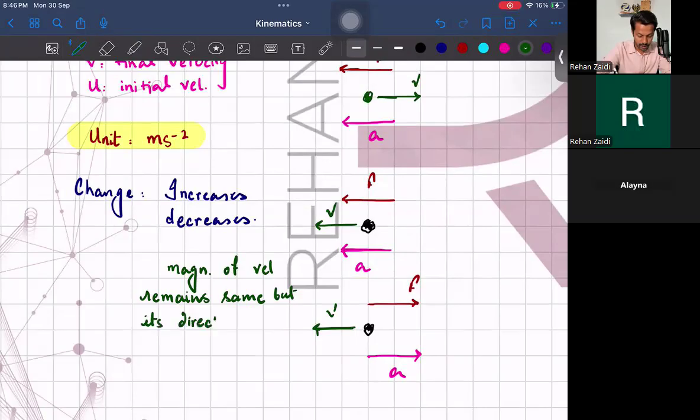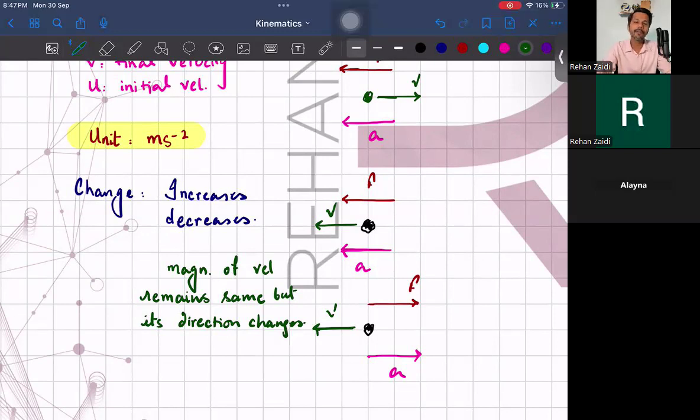So is it a change in velocity? Even a slight change in direction, but there is a change in direction, the magnitude is still the same. So would the velocity be referred to as a changed velocity? Yeah, velocity is changing. Since it's a vector quantity, even if the direction changes, the velocity changes.